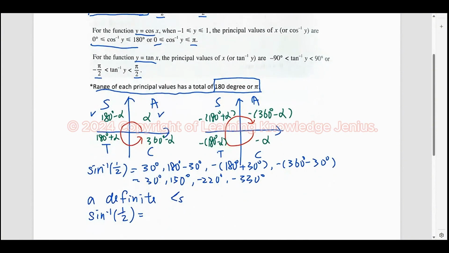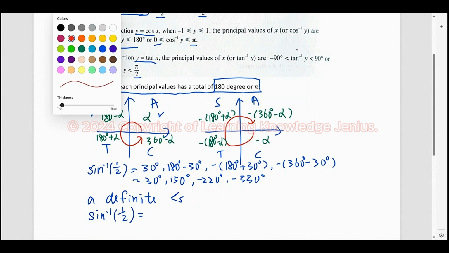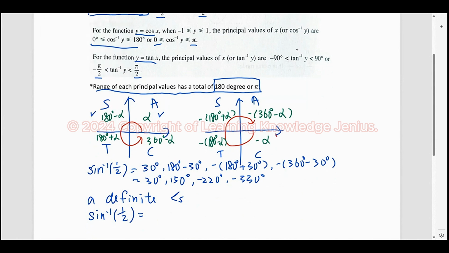Between negative 90 to 90, if you refer to the ASTC graph, you will realize it will be negative 90, which is the fourth quadrant, but there the sign will be negative, or the first quadrant, where the angle will be positive and the value will be positive. So we get the alpha, which in this case is 30 degrees. This is what the principal value does: it gives you a definite answer.